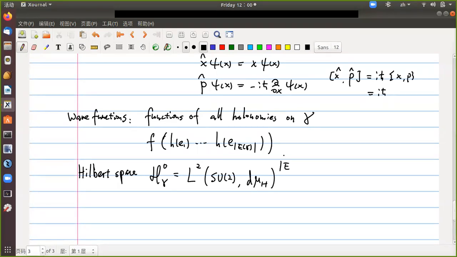You have many copies of holonomies on the lattice, so the power is the number of edges, because for every edge you have one holonomy and one Hilbert space, and then you have to make a tensor product of all those Hilbert spaces on all different edges.